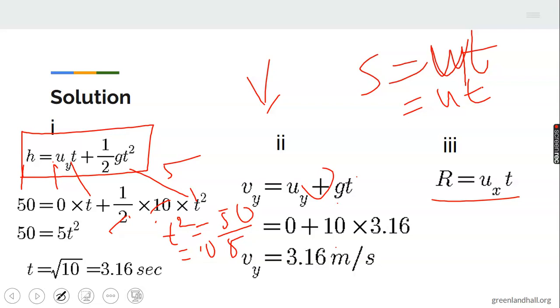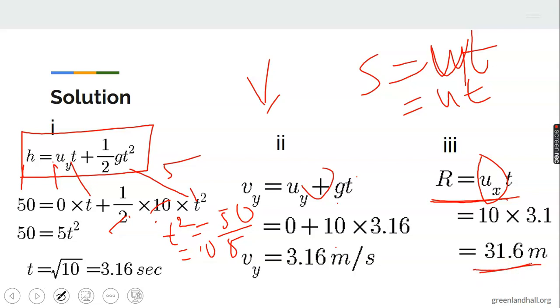So we use ux. Here we have been using uy, which is vertical. You can see the motion is independent. We have horizontal and vertical. Since we are calculating for the horizontal distance, we use the velocity in the horizontal component. Now, what is our u? It equals 10. And our t is 3.16. So our horizontal distance equals 31.6 meters.